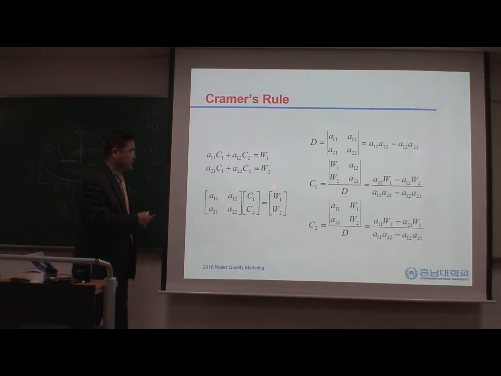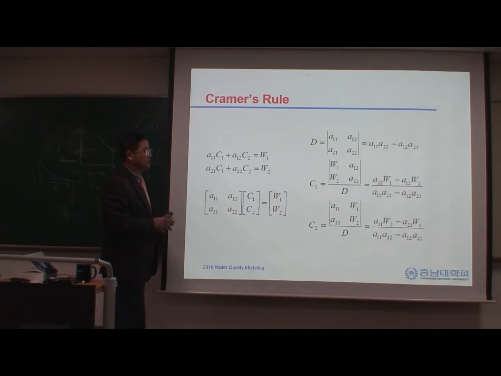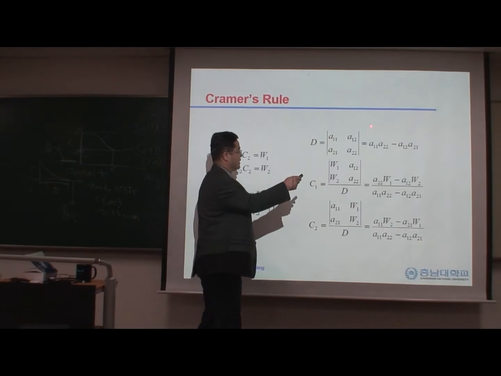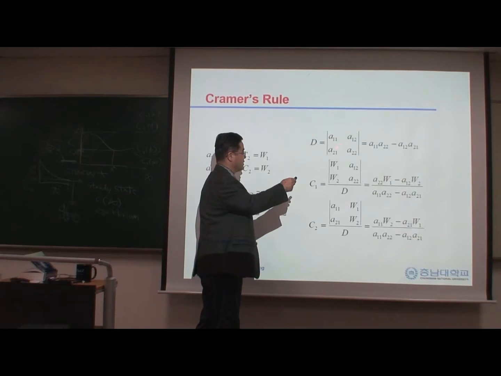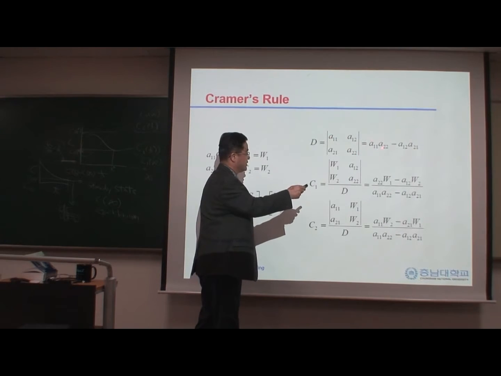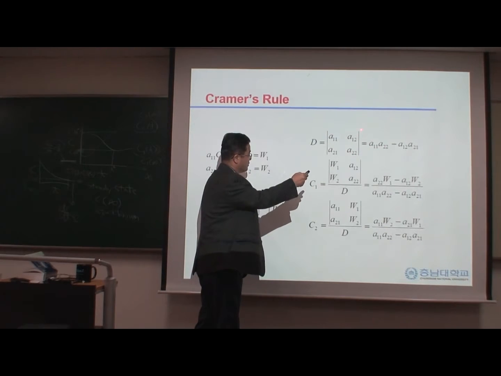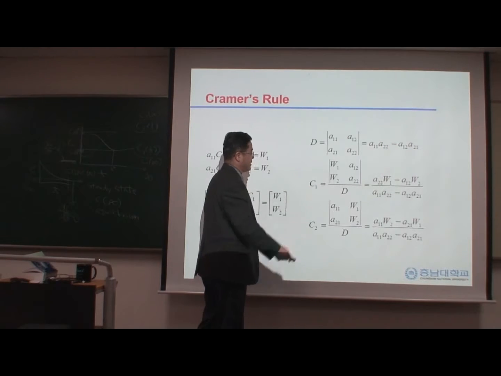This is the vector, and this is the right-hand side vector. Okay, and we call this the determinant. When we calculate the determinant, this is done like this. We multiply these two first of all, and then put in here, and then we multiply these two and then put in here and say minus.